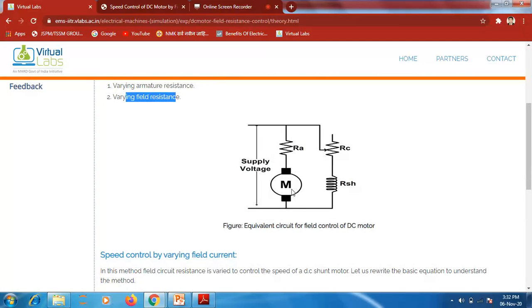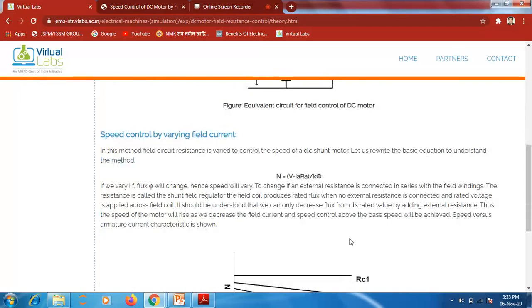Here is the motor and the voltage supply. A resistance, RA, is connected in series with the motor. Then this is the field connection, where RC and RSH are connected in series with each other.